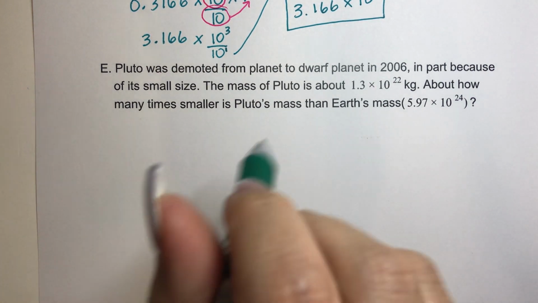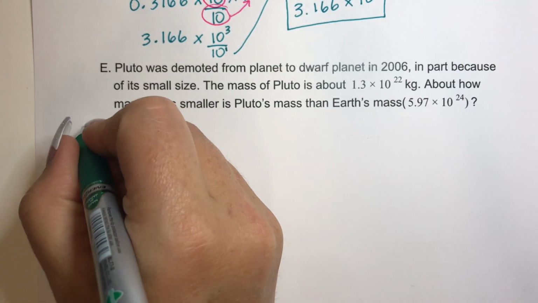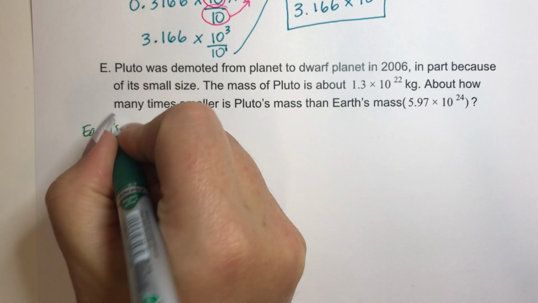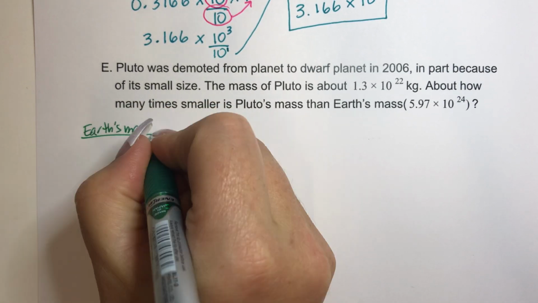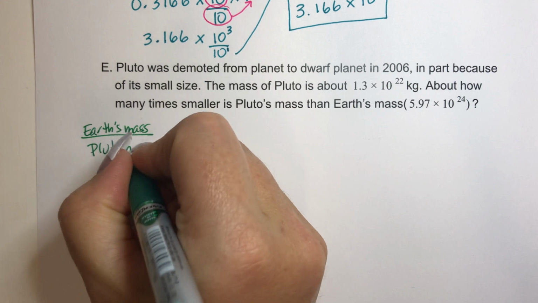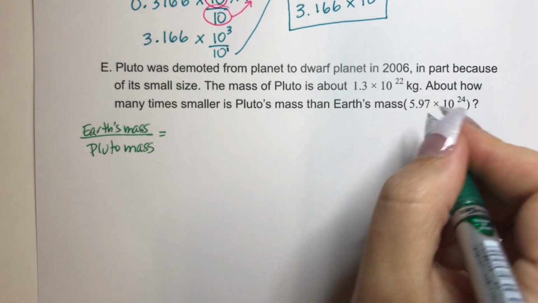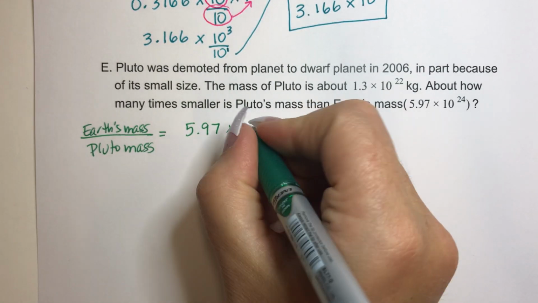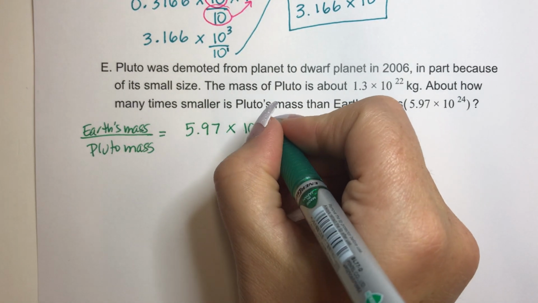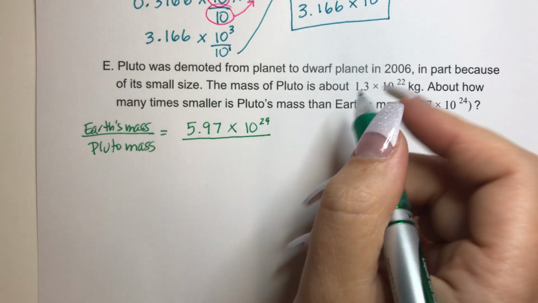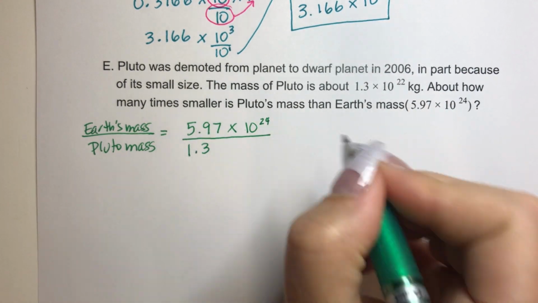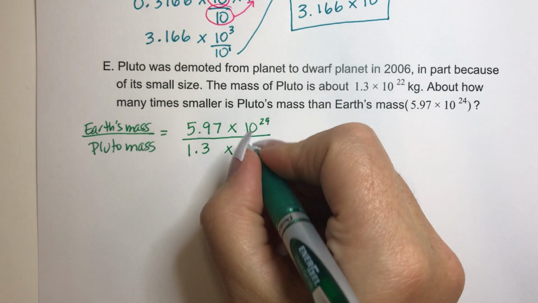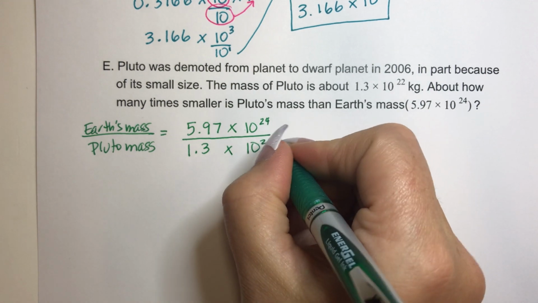Okay, so we are going to have the bigger mass on top, so it's going to be Earth's mass over Pluto's mass. And that's going to be 5.97 times 10 to the 24th divided by Pluto's 1.3 times 10 to the 22nd.